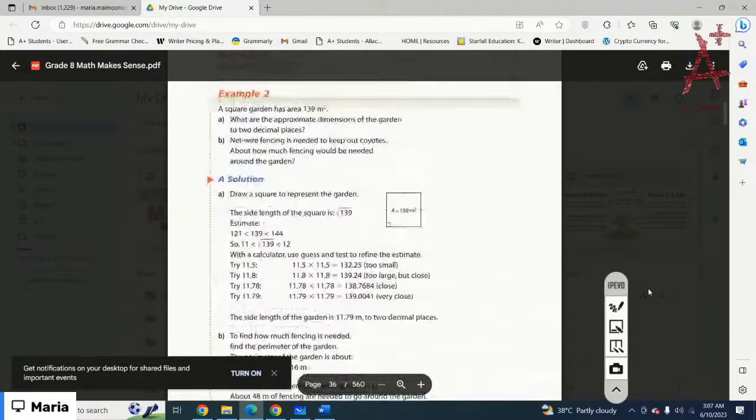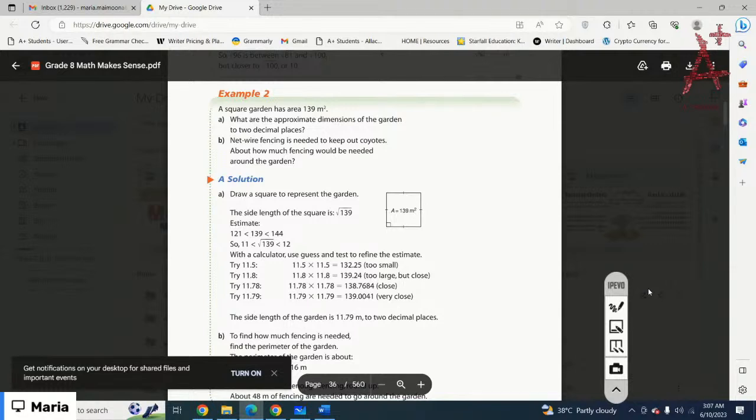Let's look at the example. A square garden has area 139 meters squared. What are the approximate dimensions of the garden to two decimal places? Wire fencing is needed to keep out deer. About how much fencing would be needed around the garden? First, for part a, you have to find the approximate dimensions. You basically have to find the approximate value of square root 139.